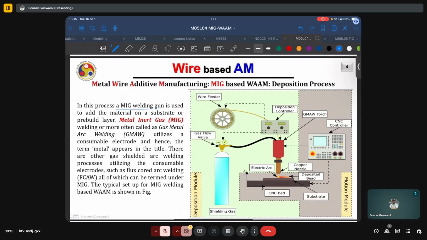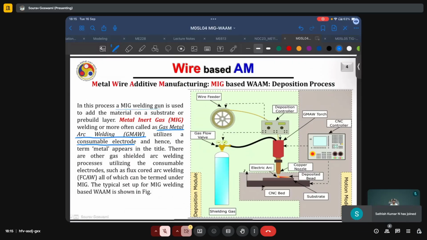is used to add material on a substrate or pre-built layer. It is also more commonly known as gas metal arc welding or GMAW, where one of the electrodes is a consumable electrode. This is nothing but the wire itself, and some similar processes are also flux cored arc welding, all of which can be termed MIG.